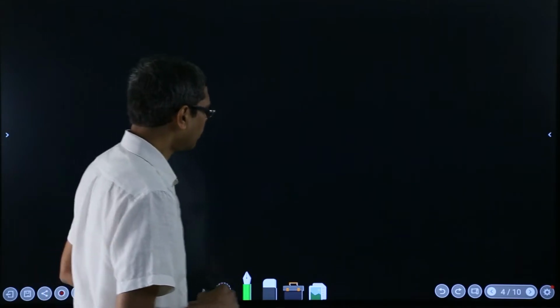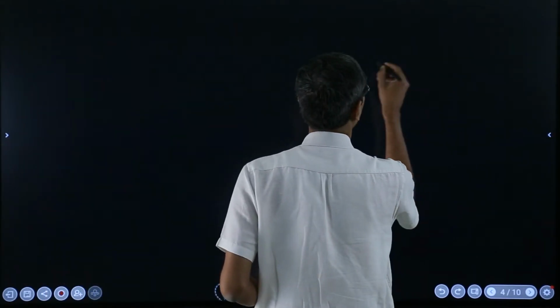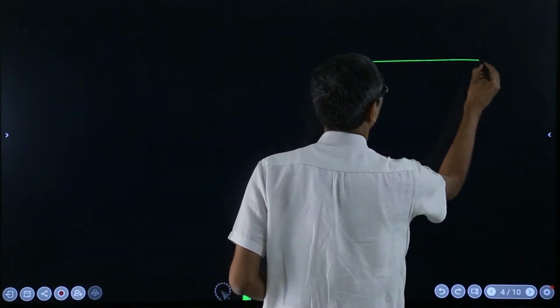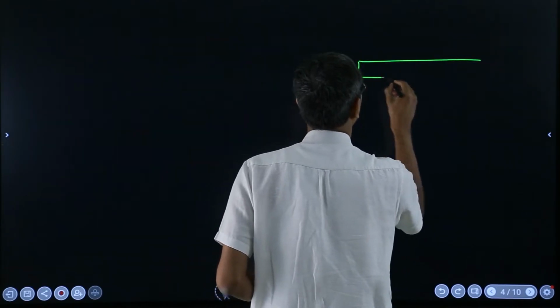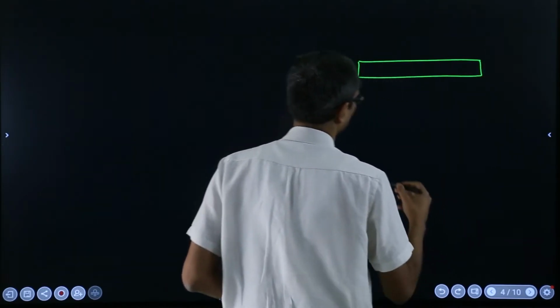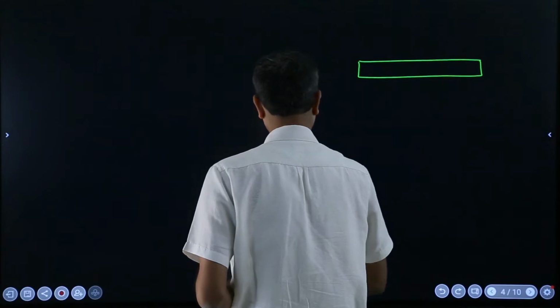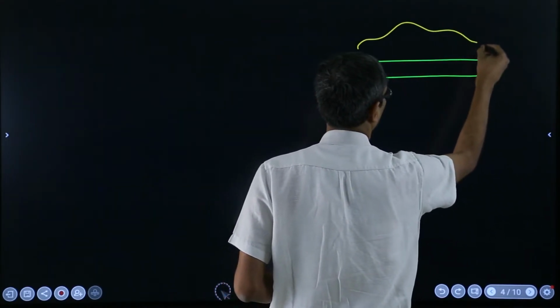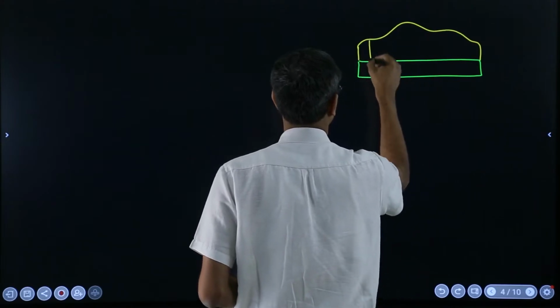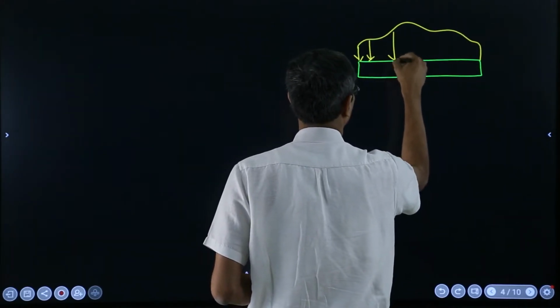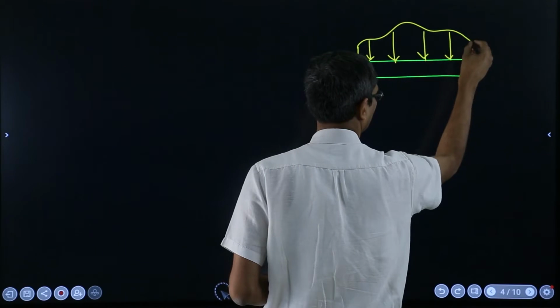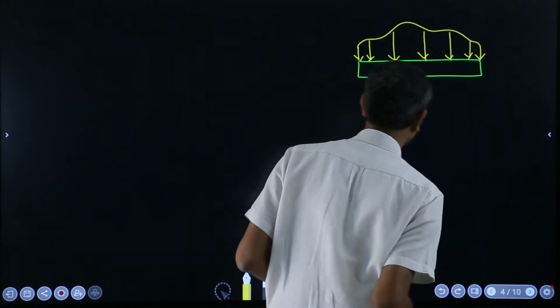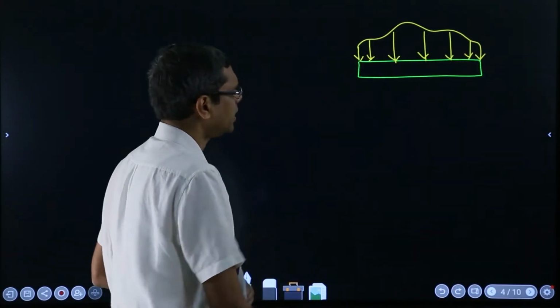Okay. Now for that, suppose you have a beam like that, and you have, say, a load condition. I am just taking a continuous load of arbitrary shape to show that it can be of any nature.